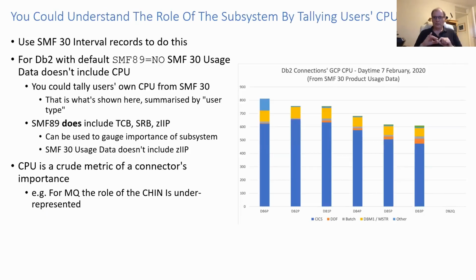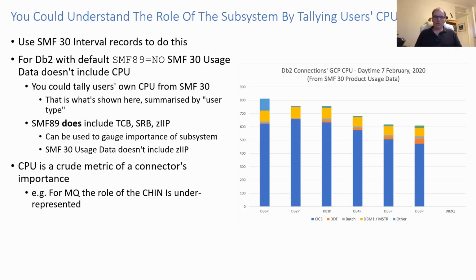Okay, now this is where it gets a little bit tricky. We're coming down to SMF30 now. If you have a lot, let's say, of DB2 subsystems, you could begin to understand the role of a DB2 subsystem by tallying the connectors' CPU. You would typically use SMF30 interval records to do this.